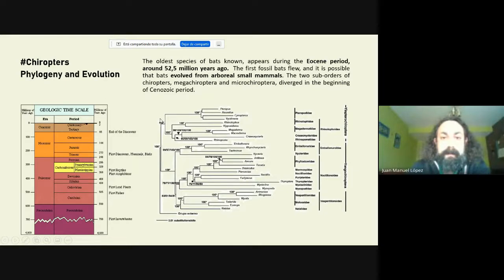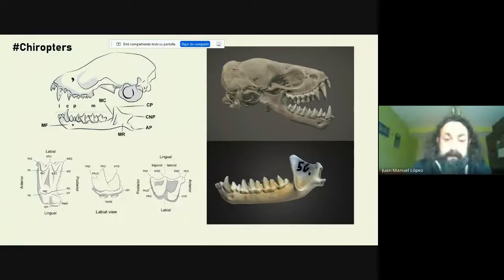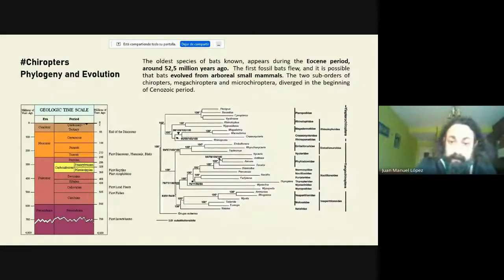The bats, the true bats that we know nowadays, appear in the Eocene around 52.5 million years ago, and probably evolved from a fossil arboreal small mammal. Here is the phylogeny of the ancient groups of bats.